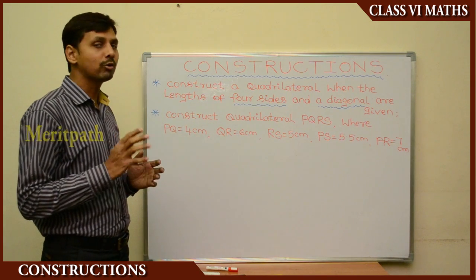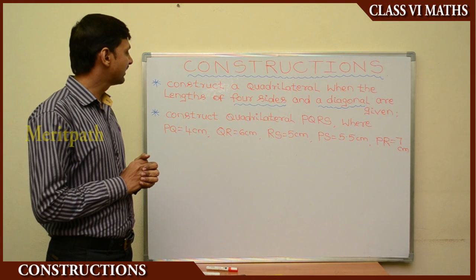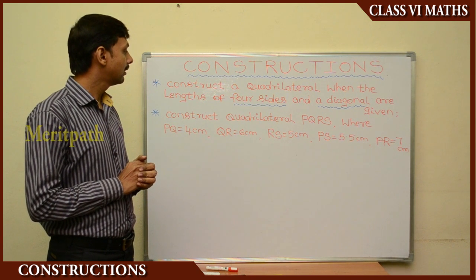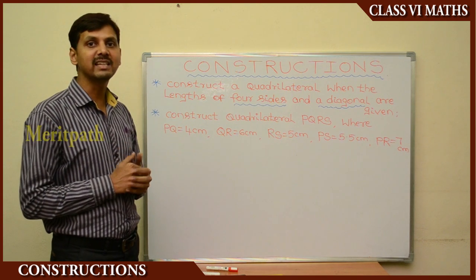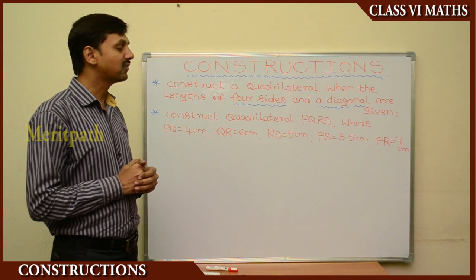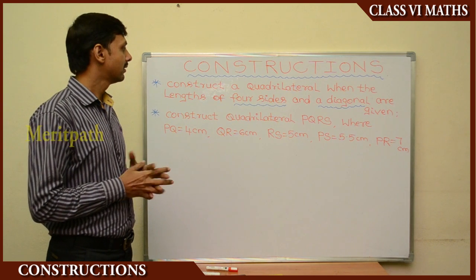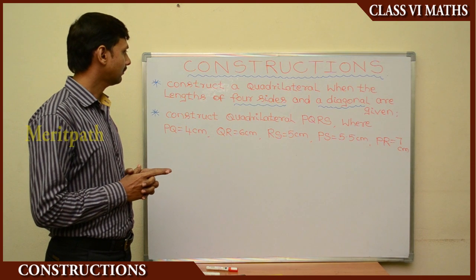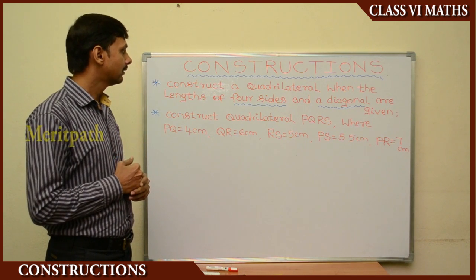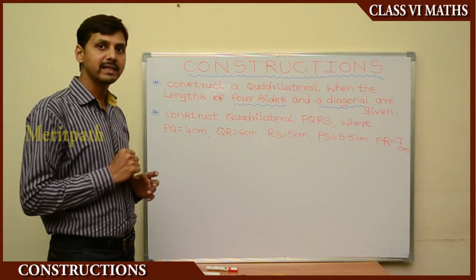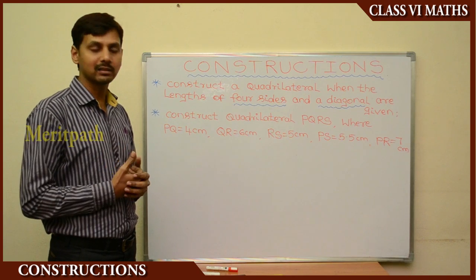Construct a quadrilateral PQRS where PQ is 4 centimeters, QR is 6 centimeters, RS is 5 centimeters, and PS is 5.5 centimeters, PR is 7 centimeters. So here we have all 4 sides and one of the diagonals. Using these, we need to construct a quadrilateral.